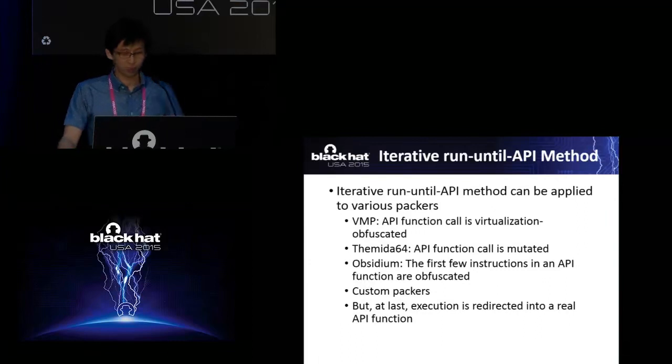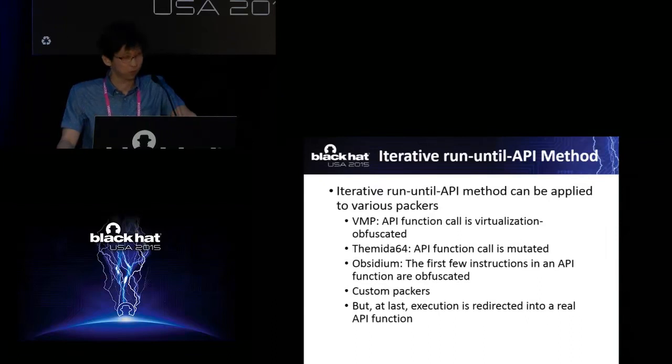The iterative run-until-API method can be applied to various packers. You can unpack VMProtect and Dummy.64. In VMP, the API function call is virtualization obfuscated, so the execution trace is lengthy.